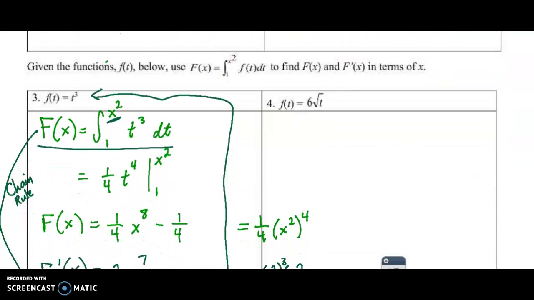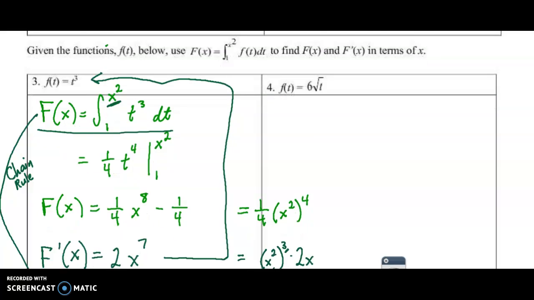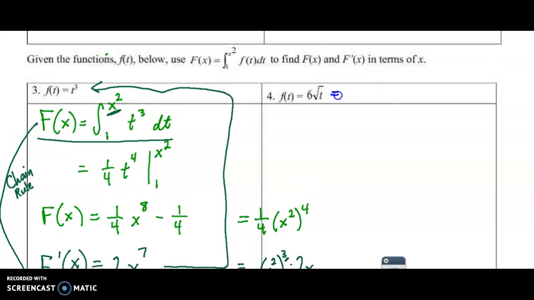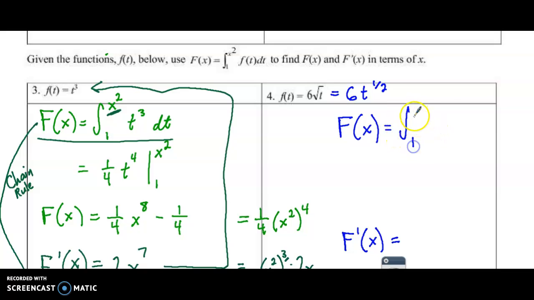So maybe you want to make a conjecture on what will happen when I ask you to find, and you might want to rewrite this problem as 6t to the 1/2 power. If I were to ask you to quickly go from f of x to f prime of x, I'll try and squeeze it right here. And remember, the definition of f of x is the integral from 1 to x squared of lowercase f of t.